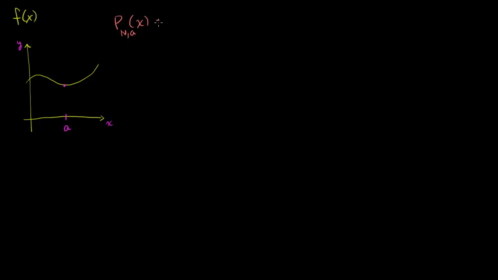And it's going to look like this. It is going to be f of a plus f prime of a times x minus a plus f prime prime of a times x minus a squared over, either you could write 2 or 2 factorial. They're the same value. I'll write 2 factorial. You could write a divided by 1 factorial over here if you like.